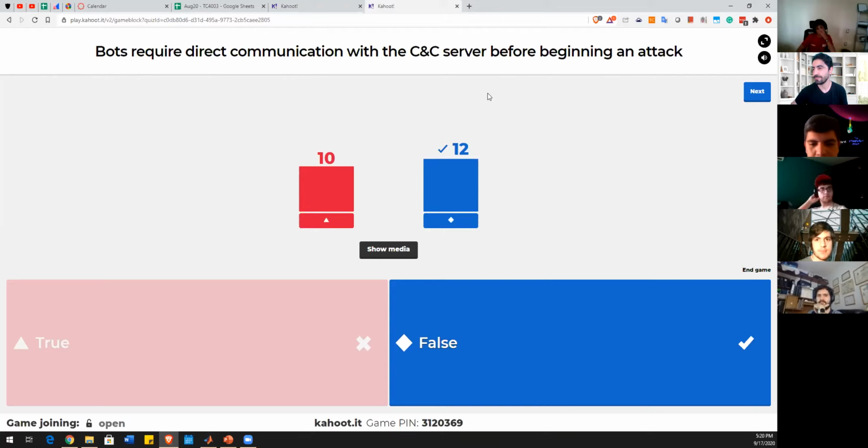Because it's unsafe for the botmaster. I mean, because the botmaster could easily be tracked. So the communication is not straightforward end-to-end from botmaster to botnet. It goes redirected through some resources in order to get the orders.